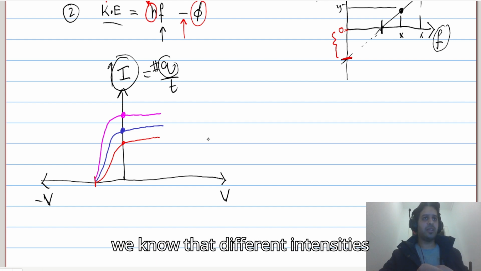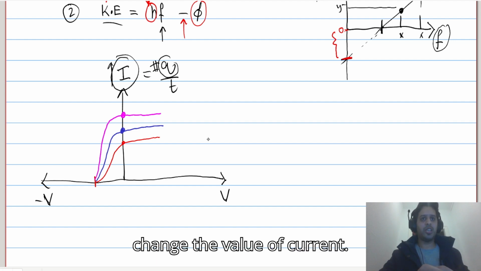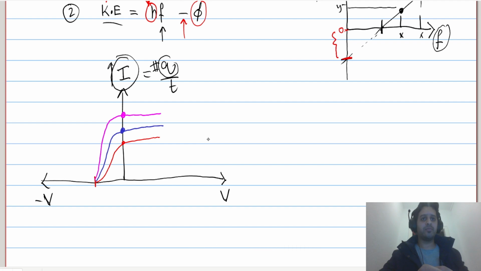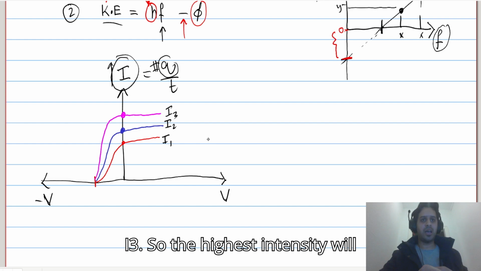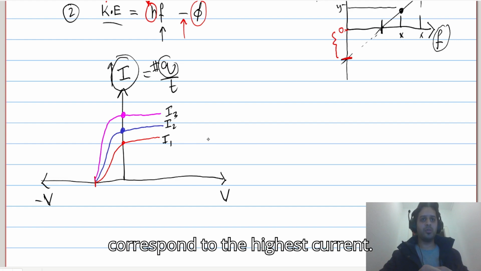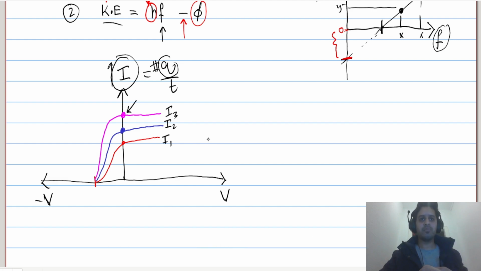Because we know that different intensities change the value of current. So this is low intensity I1, this is a bit higher intensity I2, this is the highest intensity I3. So the highest intensity will correspond to the highest current.